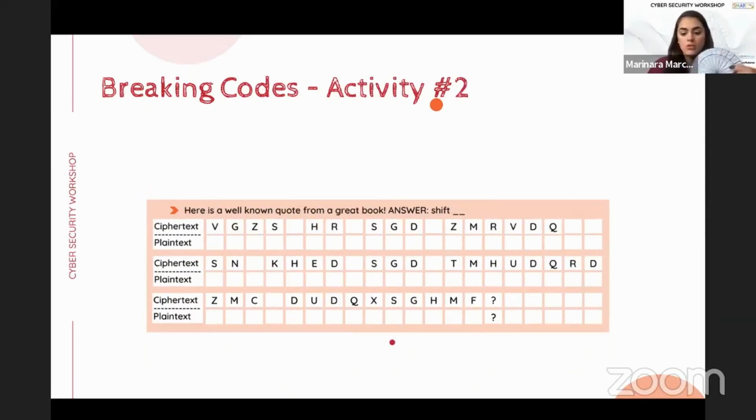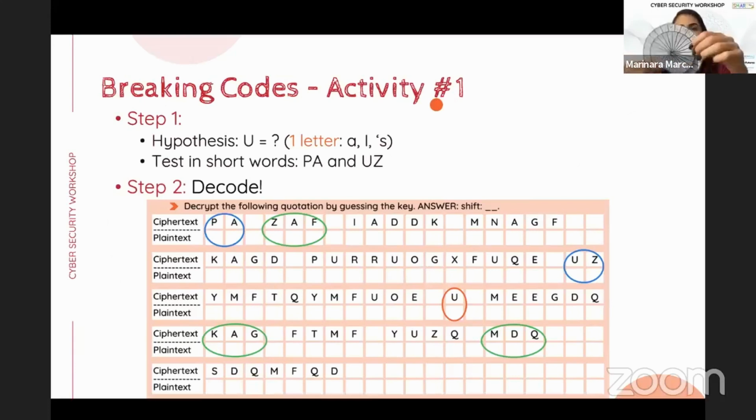So if we go into UZ, we have U, where is U? U equals I, and Z equals N. I with N, IN. So IN is also a word in English.